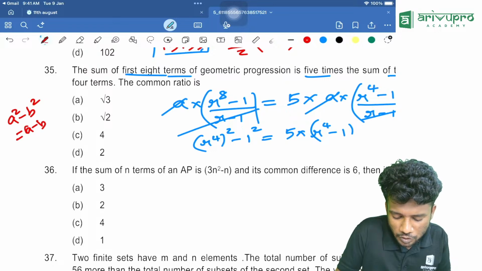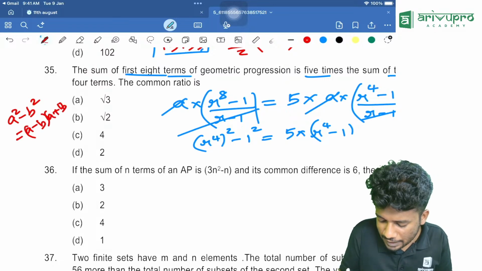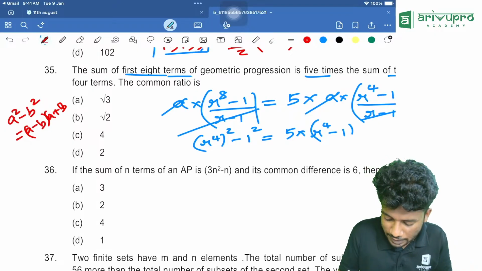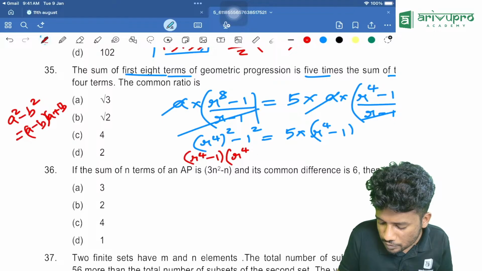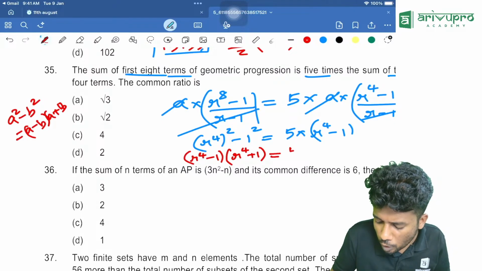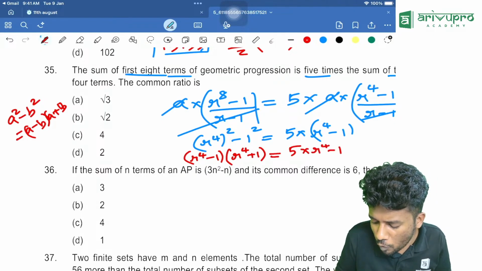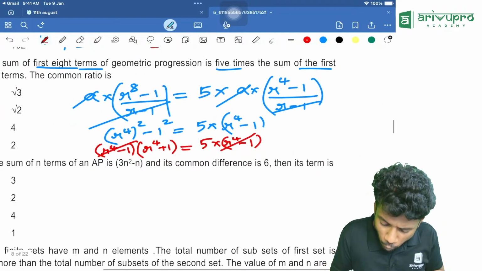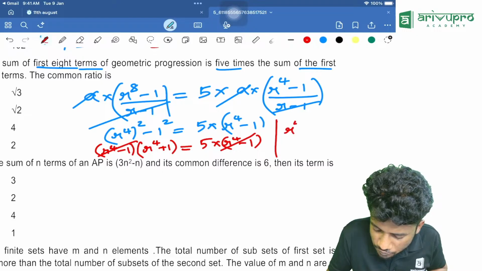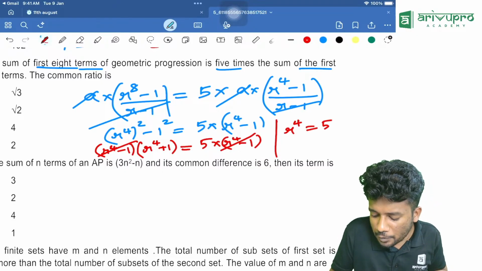A minus B into A plus B. So I will rearrange this in terms of that. So I will write it as R raised to 4 minus 1 into R raised to 4 plus 1, which is equal to what? 5 into R raised to 4 minus 1. Cancel R raised to 4 minus 1. Then what is remaining? R raised to 4 is equal to 5 minus 1.